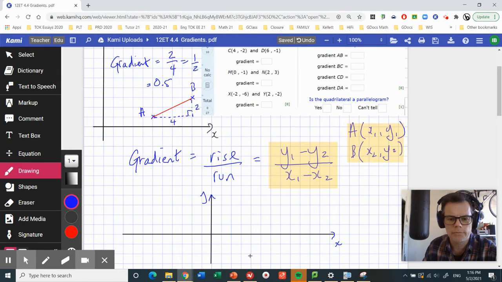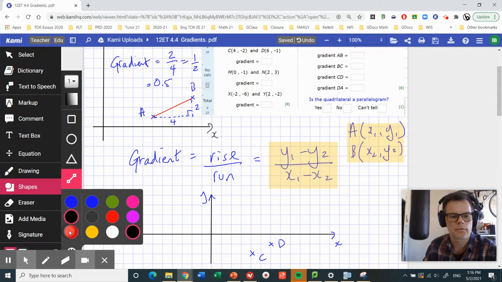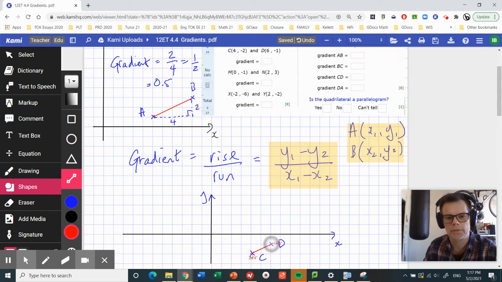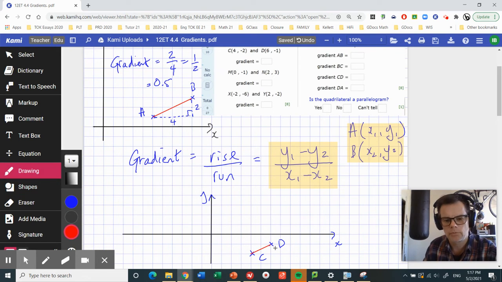There's C. D is at 6, -1. And the gradient of the line between them has a rise of 1 and a run of 2. So again, the gradient here will be the same as above, 1/2, 1 over 2.